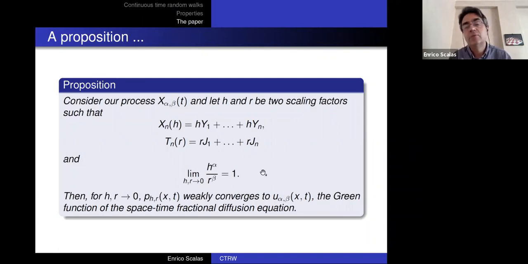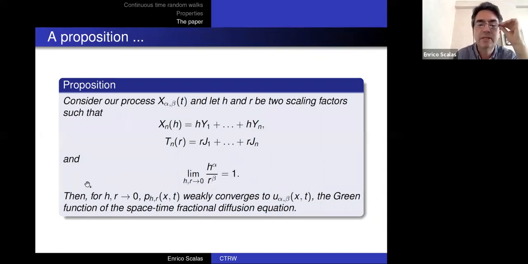By the way, these conditions using total variation and slowly varying functions, etc., can be relaxed a lot. But I put this here to simplify the proof.